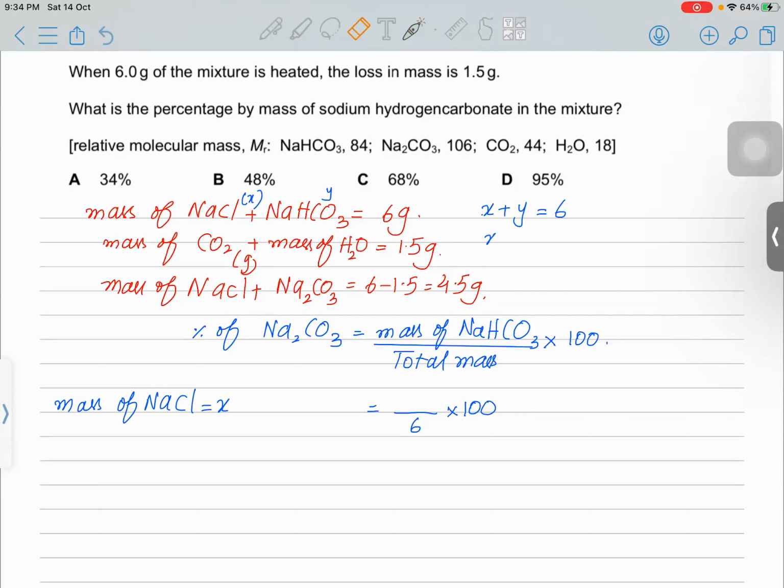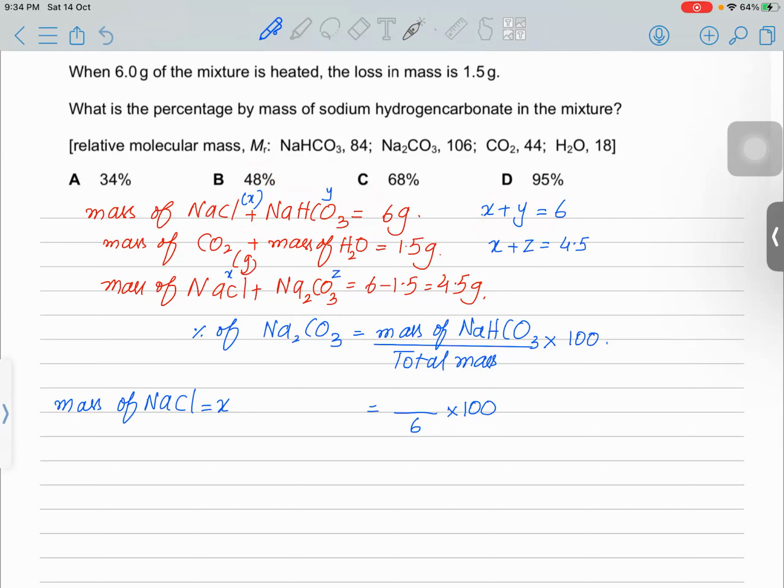Let's suppose mass of NaCl is X and mass of NaHCO3 is Y. So X plus Y is equal to 6. And this is X, this is Z. So X plus Z is equal to 4.5.